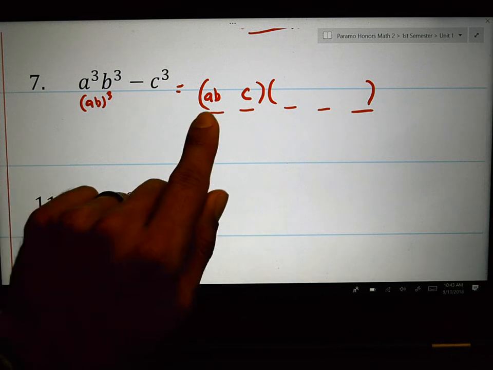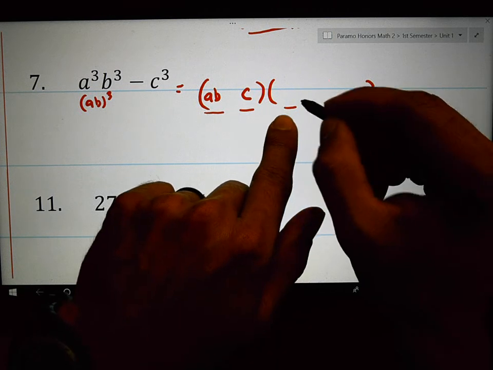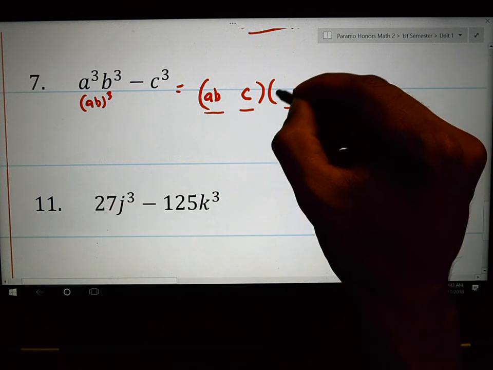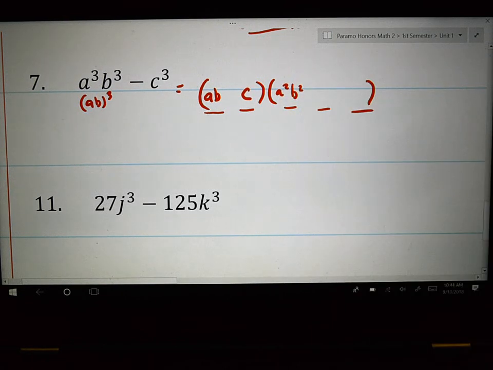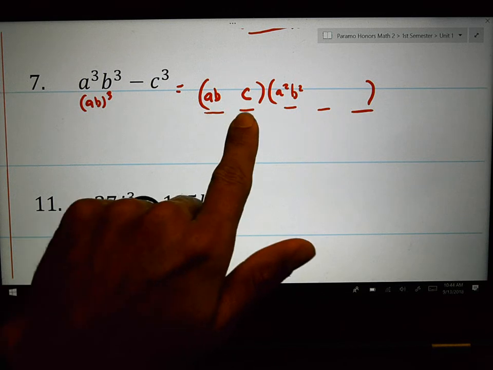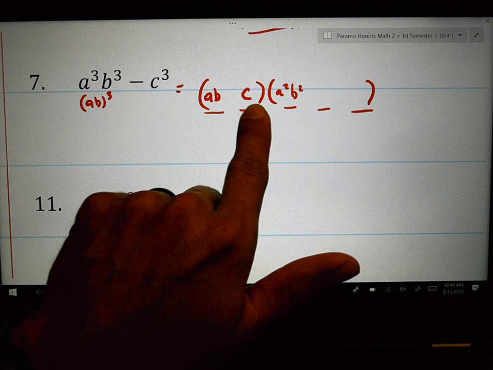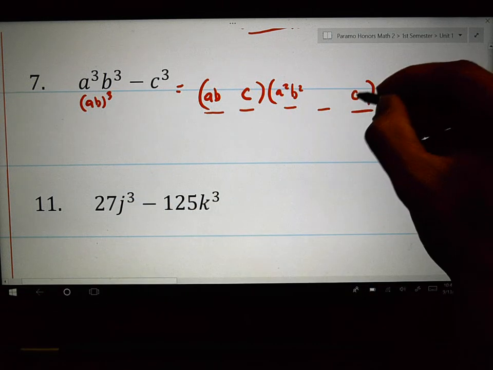We take this, I square it in the front, and that means you have to square everything. AB times AB is A squared B squared. We'll simplify that. I usually will go to the back because in order to get to c to the third, I need the c times something squared, which is c squared.